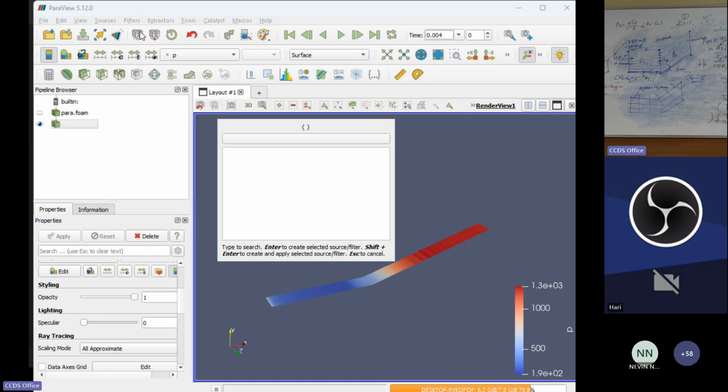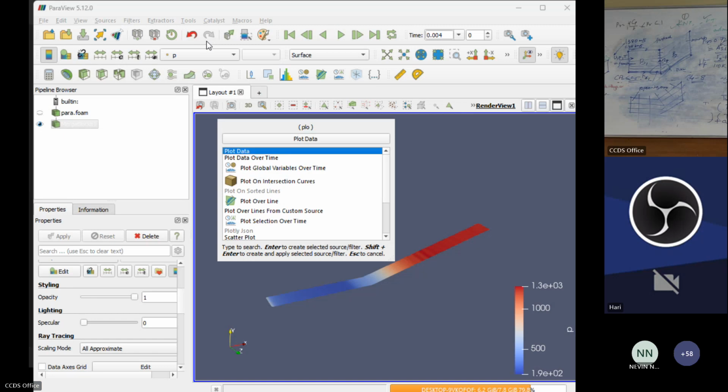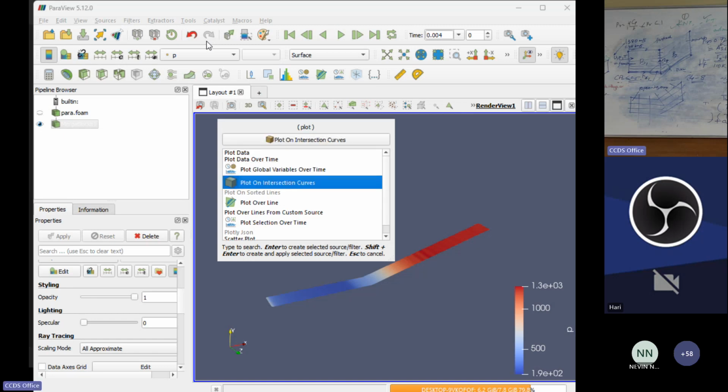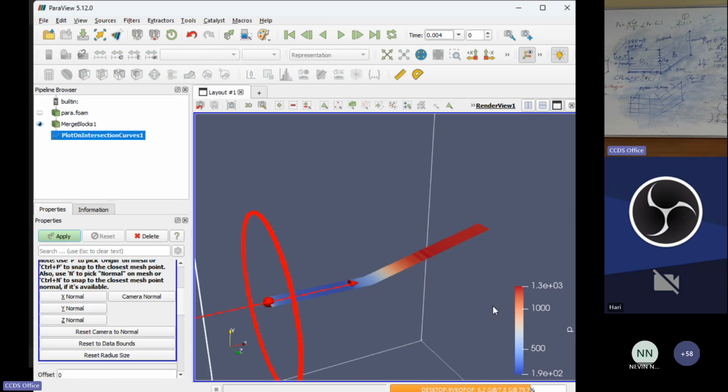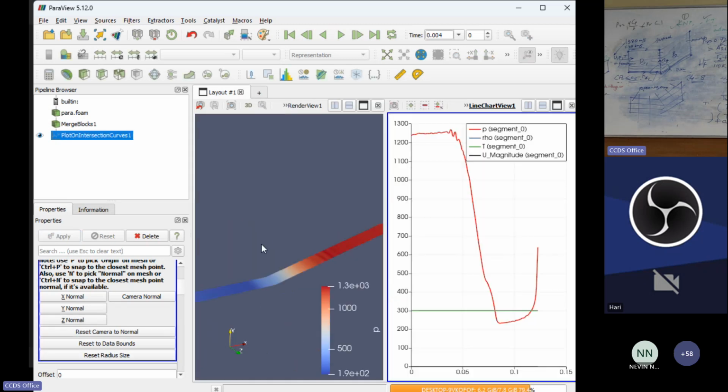Now again go to filter, search, plot on intersection curve. What it basically does is, we need a z direction plane, a z normal plane. It will find an intersection with the patch, right? So whatever line it finds, it will plot over that line. You need to select z normal and then press apply.